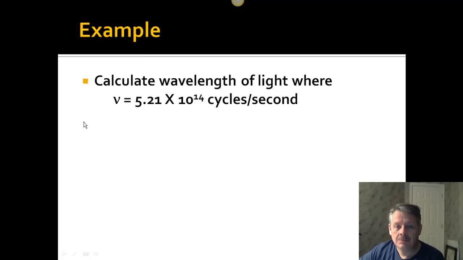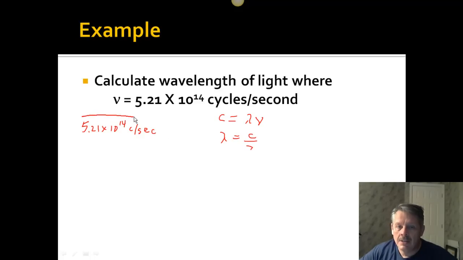Okay. I'm starting with 5.21 times 10 to the 14th cycles per second. Now, how in the world do I do this? Well, remember, speed of light is equal to wavelength times frequency. So I'm trying to calculate wavelength, so that's equal to speed of light over frequency. All right. So if I divide this, that's frequency.